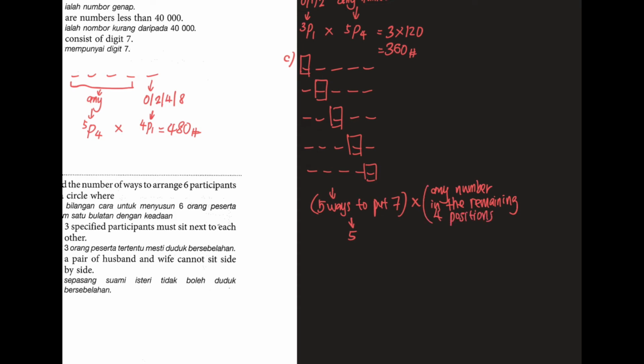Multiplication rule. The first event is I want to put 7. The second event is I want to arrange the numbers in the remaining 4 positions.